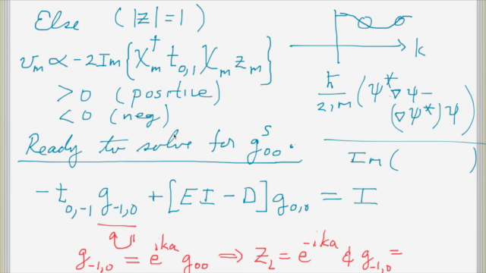That's why it's e to the iKa. So G minus 1, 0 is z_L to the negative 1, because I'm moving backwards one site, times G 0, 0. The way we define these z's is z to the n, but n is going to the left, is decreasing. And so the propagation factor is e to the minus iKa, but I take the inverse because I'm going to the left.